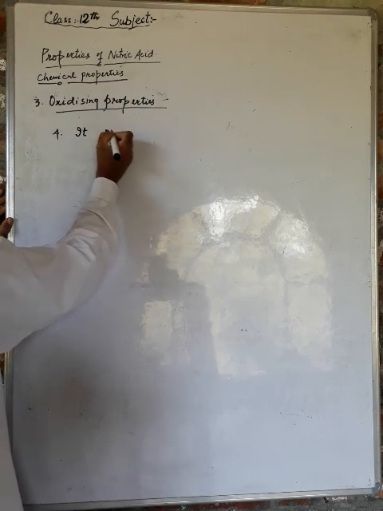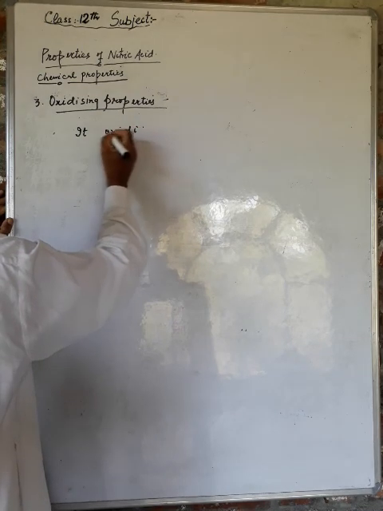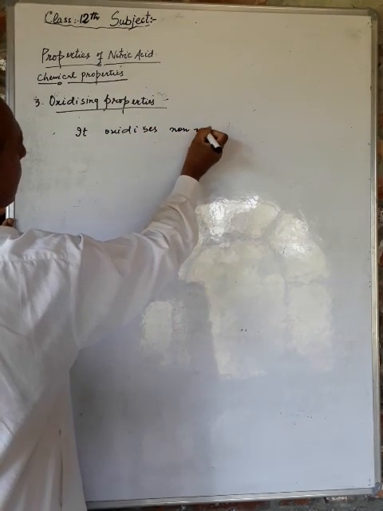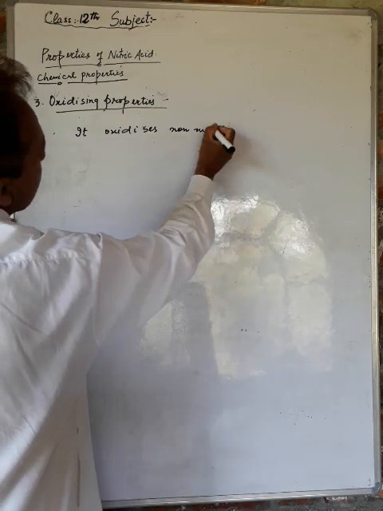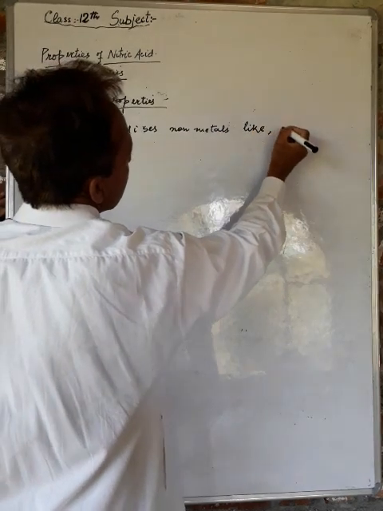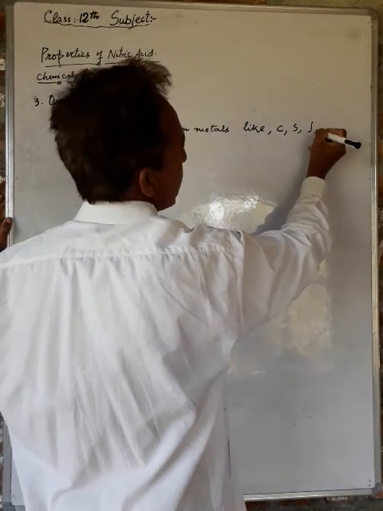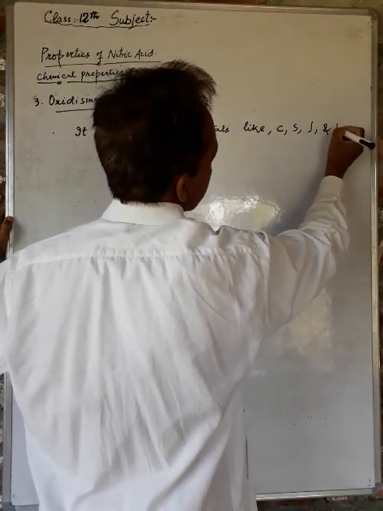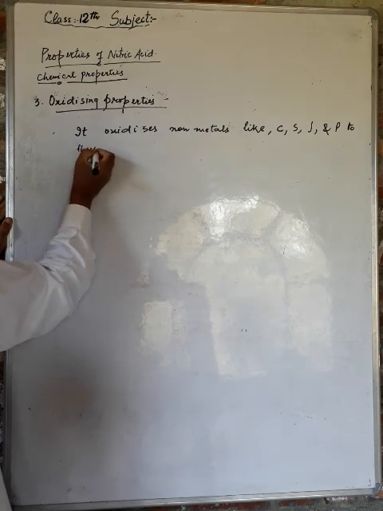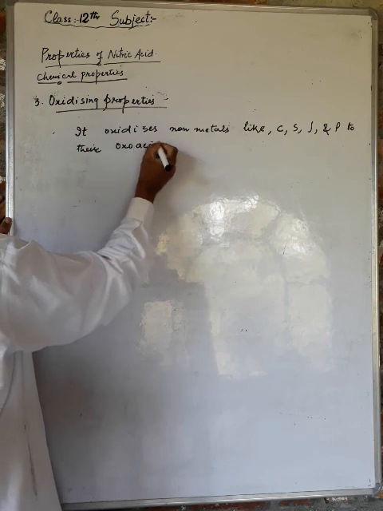It oxidizes non-metals like carbon, sulfur, iodine and phosphorus to their oxo acids.